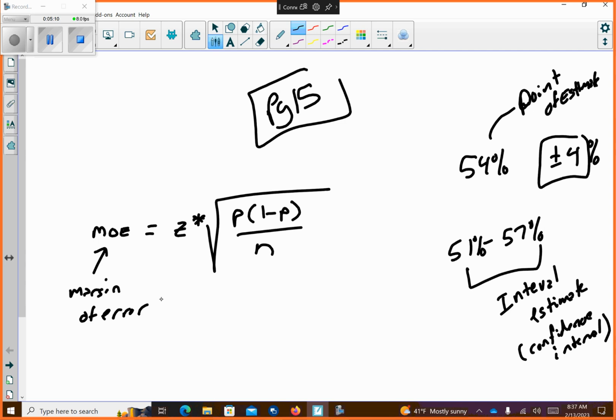So this is where we're going to start doing some stuff. All right, so Z star, we're going to use something called inverse norm.